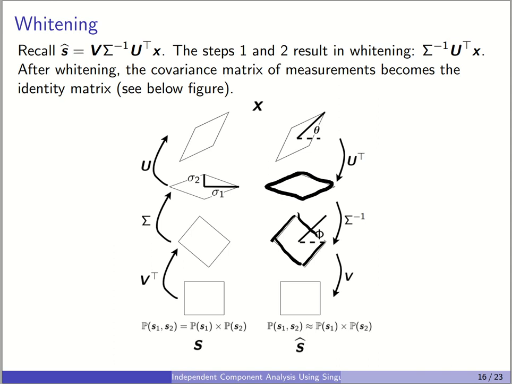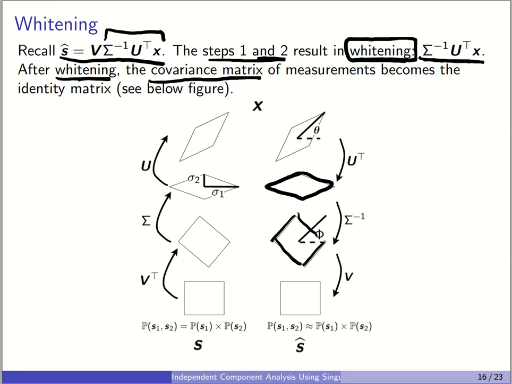So after steps 1 and 2 we will have this. Do you remember this was S hat? So after step 2 we are here, we have this. This is called whitening. You see it a lot in the ICA literature. After whitening, the covariance matrix becomes the identity matrix. As you can also see in this figure, the variance has become equal in different directions.